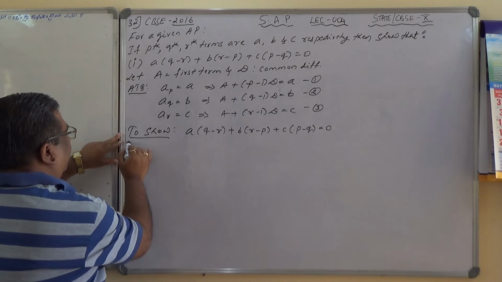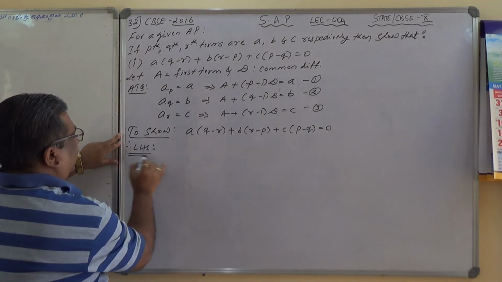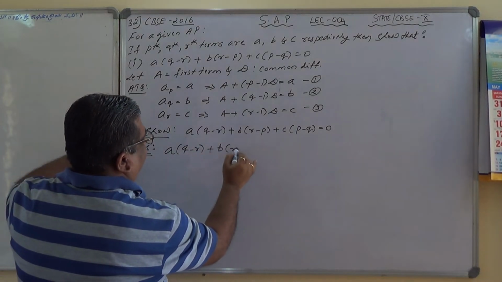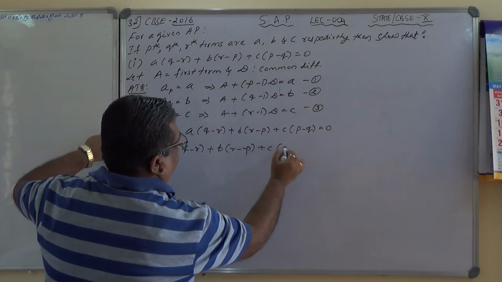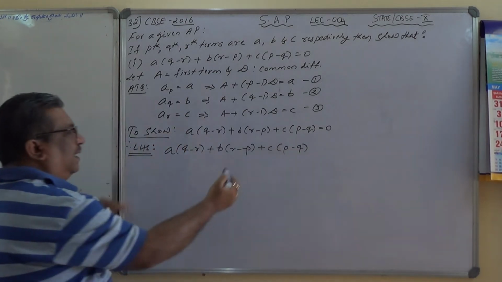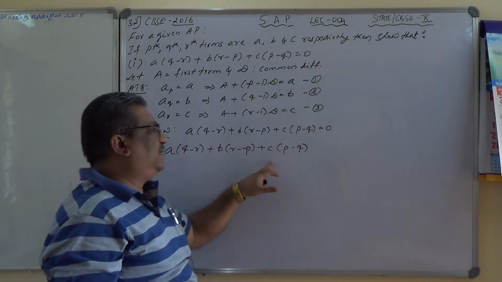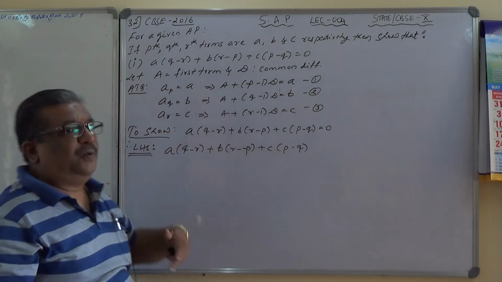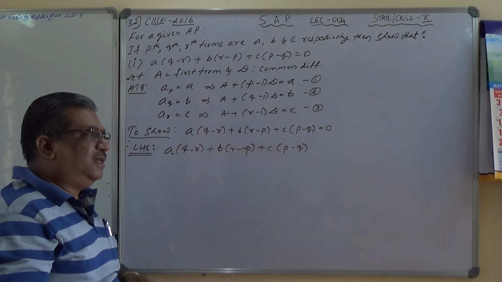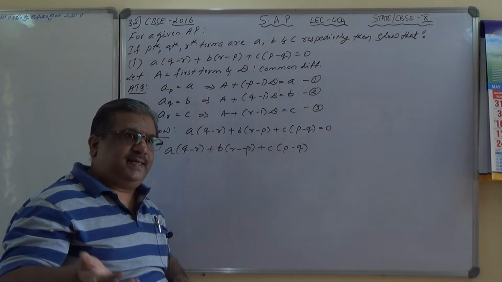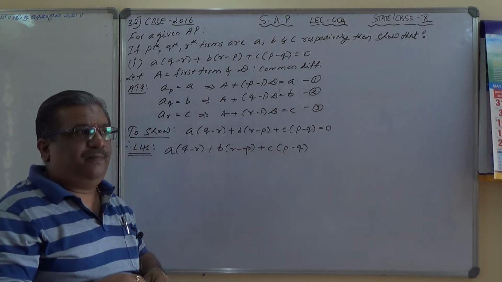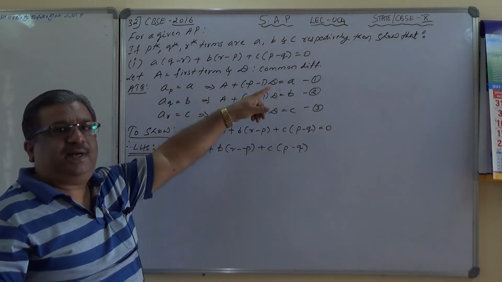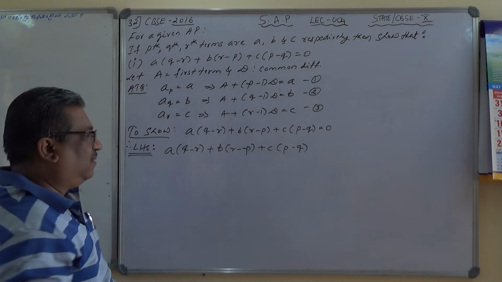Therefore, LHS, important, LHS I am taking, a times (q minus r) plus b times (r minus p) plus c times (p minus q). Only LHS, because after substituting a, b, c, I should be able to get 0. This is what we have to do. Whenever it comes to prove that, it is a general practice to take the left hand side or the right hand side, whichever is complex in nature, and arrive at the other side. So here we are taking LHS and trying to arrive at RHS. So let us see whether we are able to solve or not.